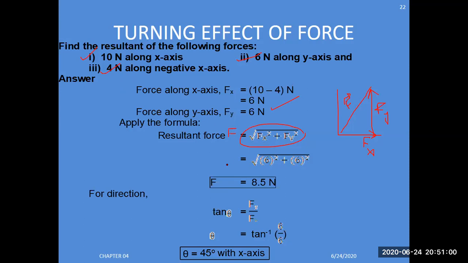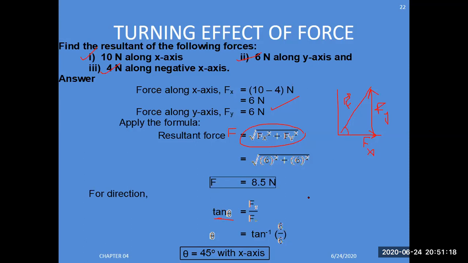If you put the values, that is 8.5 Newton. If you are asked to find out the direction, here is the formula to find out the direction. It means you are supposed to calculate the angle in which direction this force is acting.